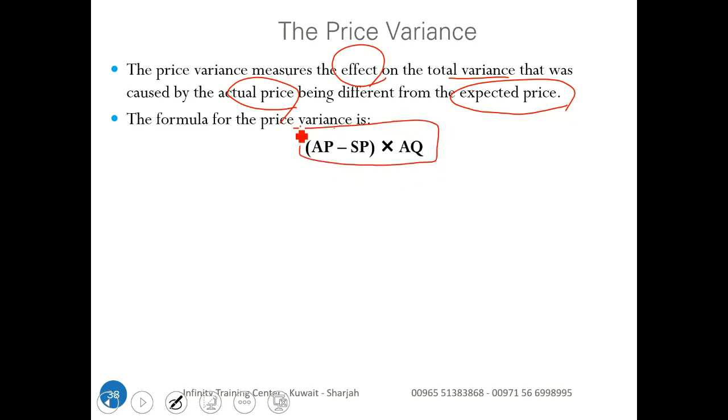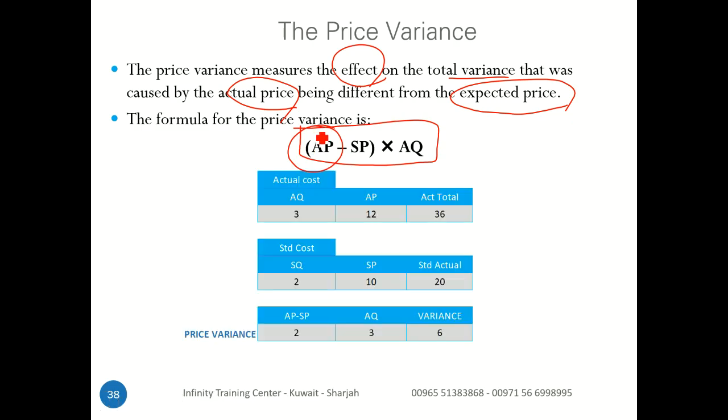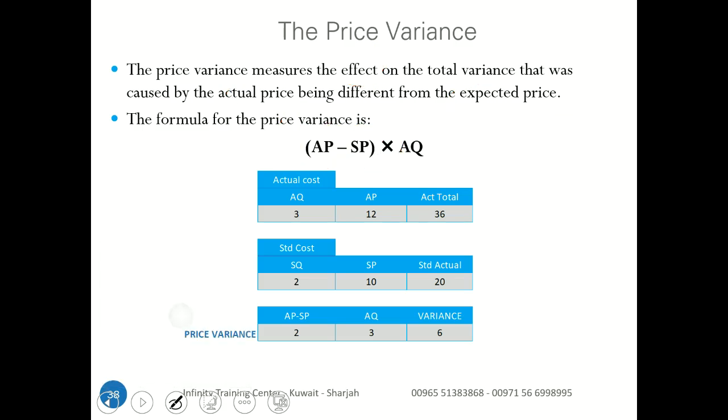So what is the actual price? How much you paid and how much you were supposed to pay. So you paid extra, right? How much you paid extra, and what is the actual quantity you purchased. When you purchase, for example, 1000 units of raw material, how much extra did you pay? That is what price variance is.